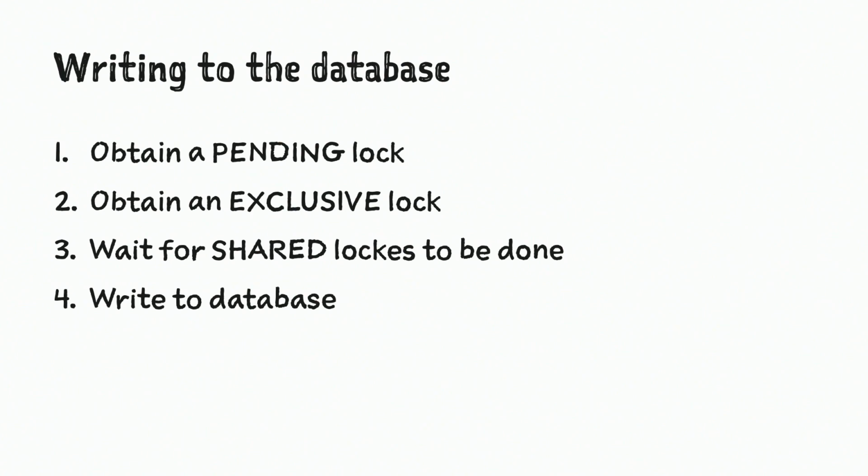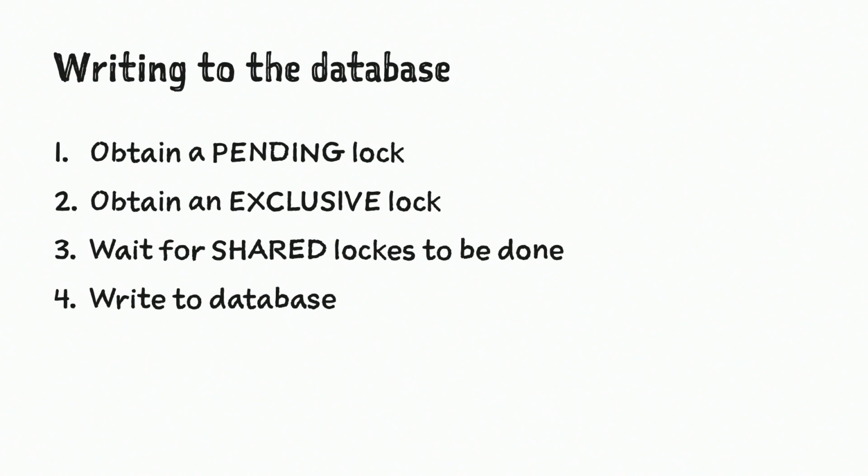So now, after writing to this journal, we're continuing with writing to the database itself. Now we have the original content moved over to the log, and now we can write the actual changes to the database, which is done by getting a pending lock, which means I'm about to write, all reads please finish up.